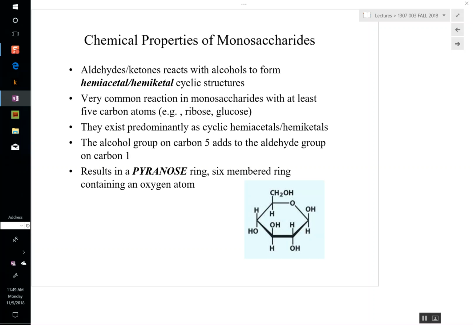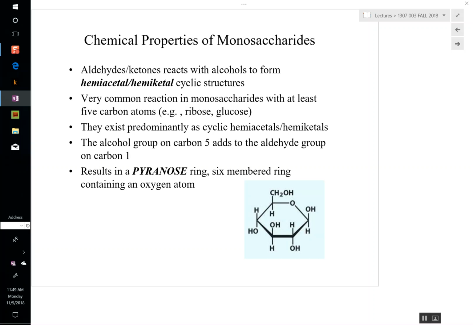But what glucose does do, this is carbon number 1, 2, 3, 4, 5. See carbon number 5? It has an OH on it. So let's wiggle this molecule around a little bit. That OH can come up right next to that carbonyl and form a hemiacetal.